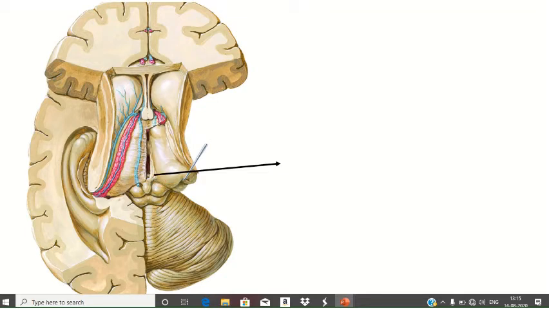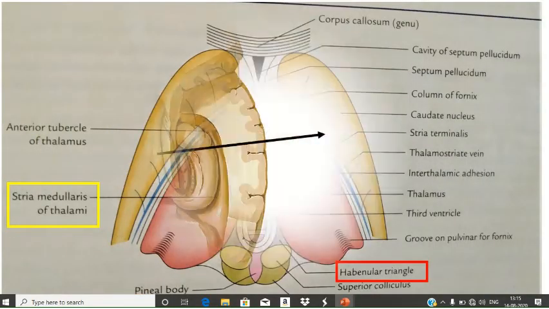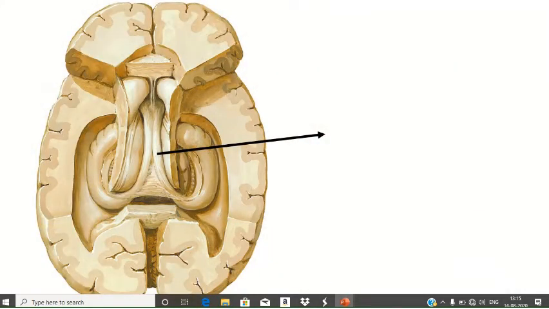Then the upper surface is divided into lateral and medial areas by the free margin of the fornix. Now, what is the fornix? Here you can see the fornix, a band of white matter nerve fibers. As you have seen the corpus callosum, the fornix is also a band of nerve fibers.